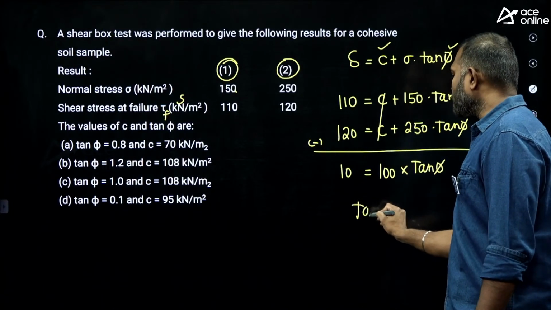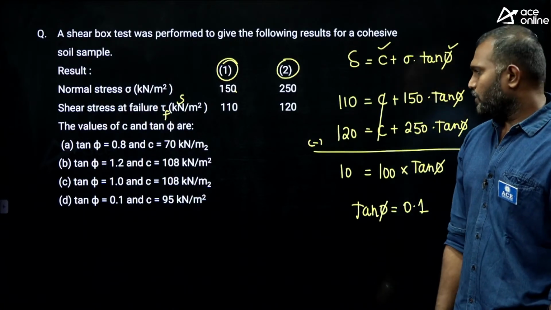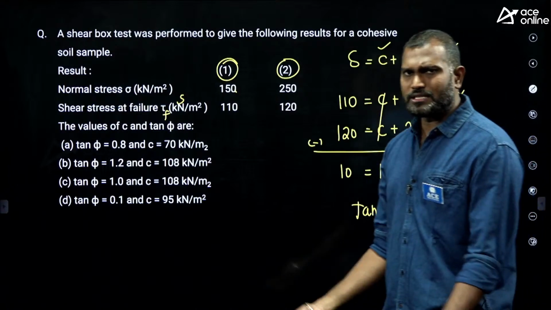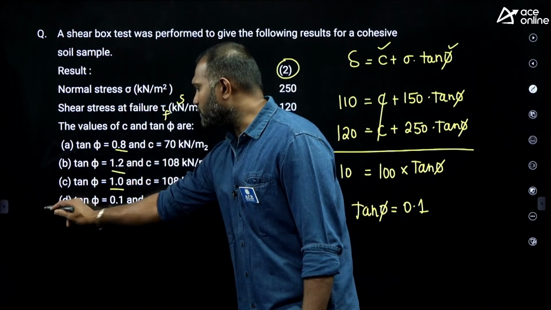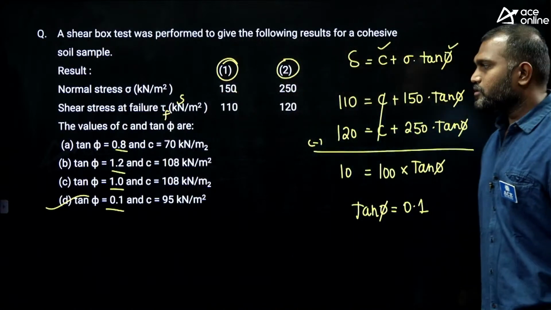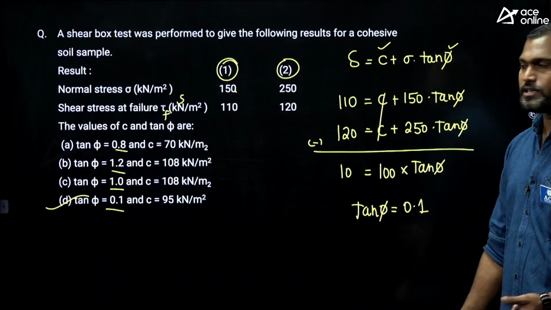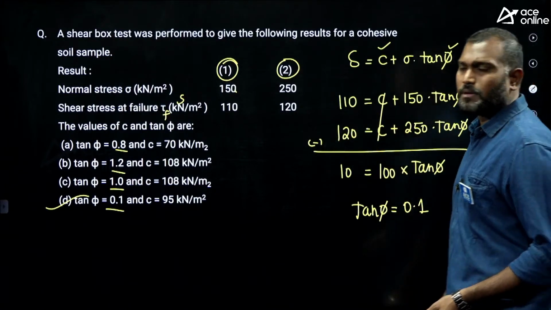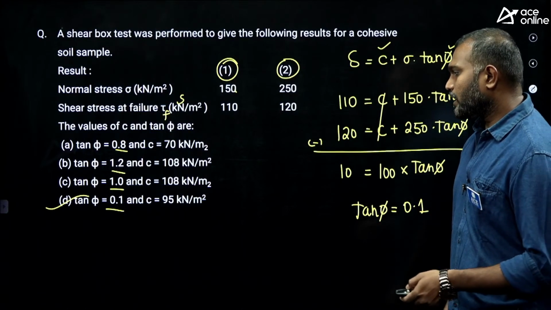So the tan phi value is 0.1. That's it; I don't go for the other options, 0.8, 1.2, 1. The tan phi value is simply 10 by 100, which is 0.1, and then you substitute to get the C value. The correct answer is option D.